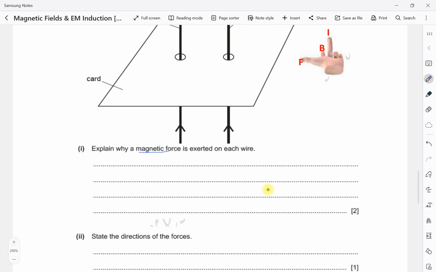So to explain why a magnetic force is exerted on each wire, we say: the current in each wire creates a magnetic field around the wire.